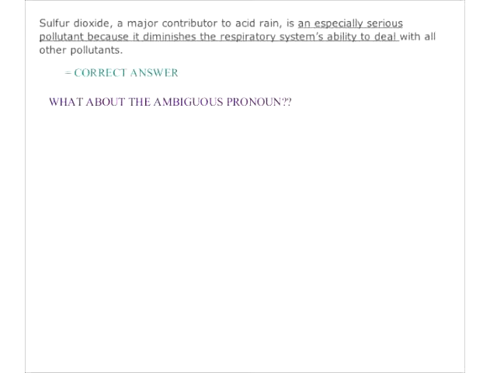Because technically it is an ambiguous pronoun. I mean, we don't know, technically speaking, if it's sulfur dioxide or if it's acid rain.